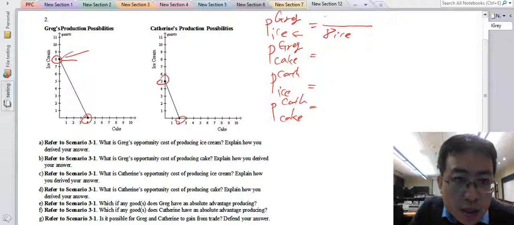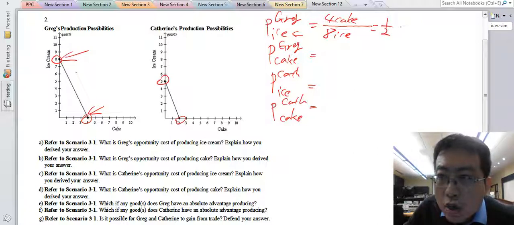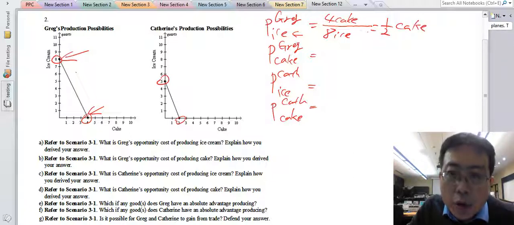What goes on top is the number of cakes he can produce. Greg can produce a maximum of 4 cakes. If you simplify this, it becomes 1 over 2 cake. So the opportunity cost for Greg for every ice cream is half a cake.